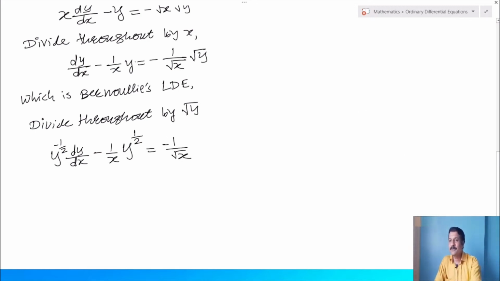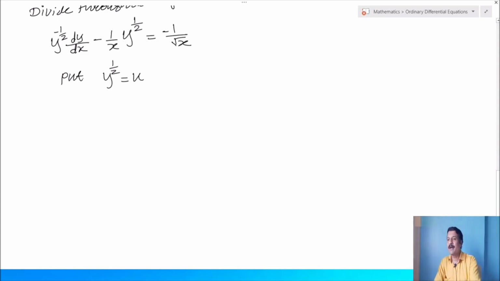So what is the substitution there? This y changes now to y raised to half. So that is our substitution, and therefore put y raised to half equal to u. I want dy/dx, so differentiate with respect to x. So it is 1/2 y raised to minus half dy/dx equal to du/dx.